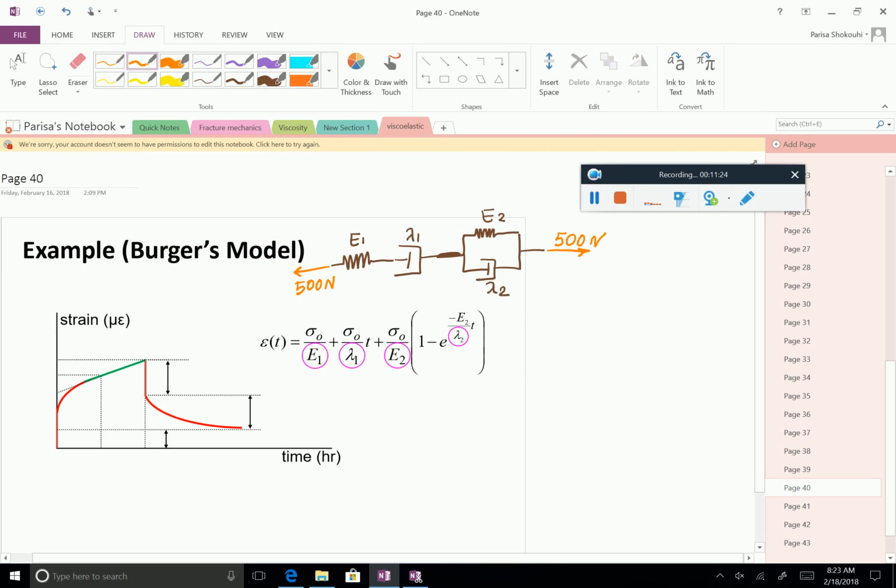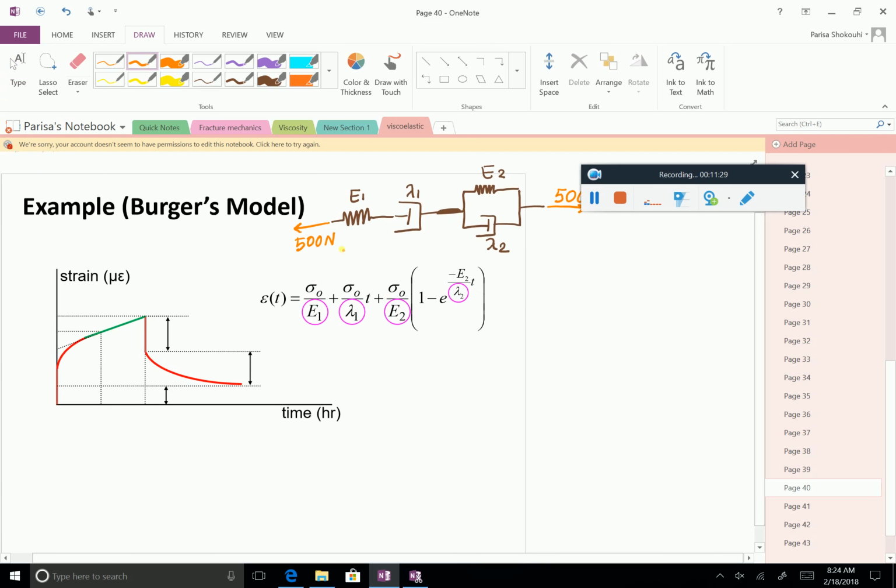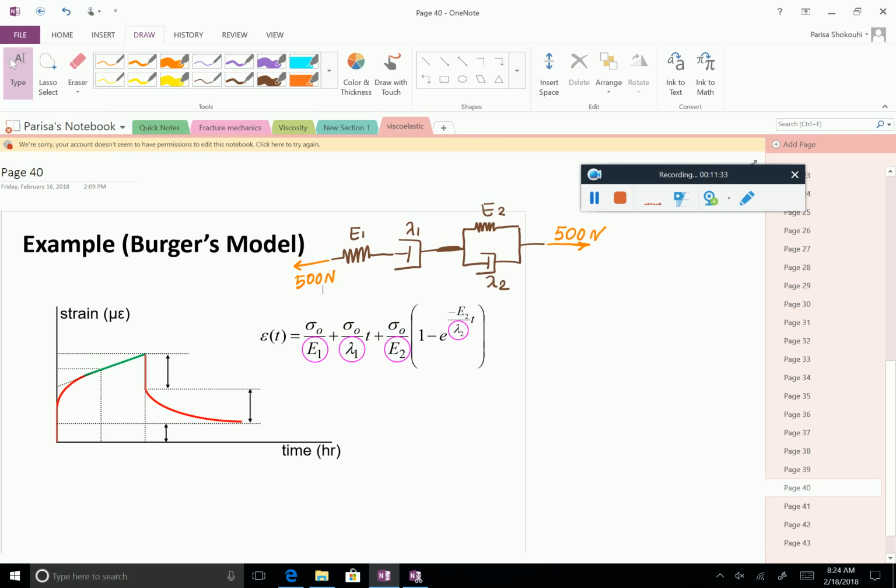And it is constant, so it is free. And if you recall, the strain versus time formula is of course a combination of the Maxwell and the Kelvin summed up.